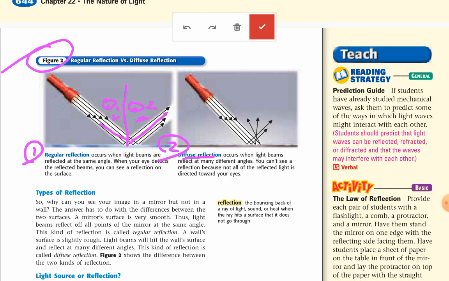But diffuse reflection occurs when light beams reflect at many different angles: angle 1, 2, 3, 4, and so on. Here, like a wall, this is a rough surface. And here, like a mirror, a smooth surface.